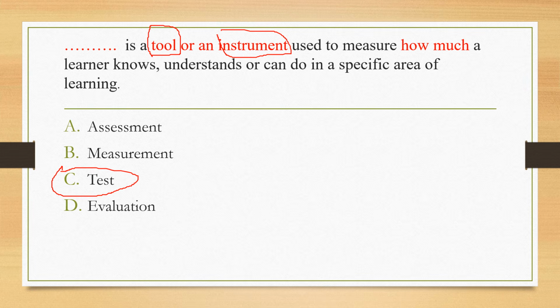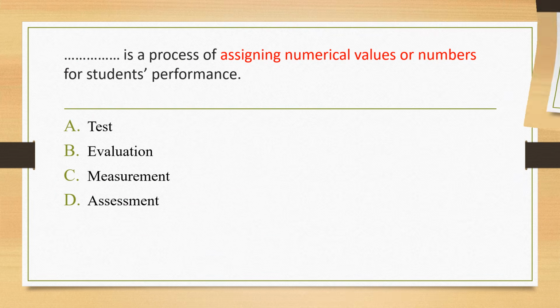Okay, let's look at the next question. The next question, dash is a process of assigning numerical values or numbers for students' performance. So here, this is also quite easy according to our previous discussion.